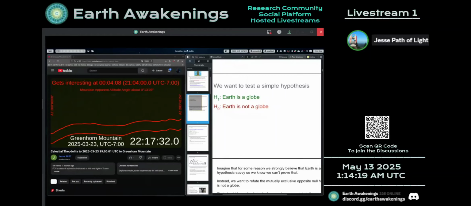Now that we have the formula to predict the celestial theodolite angle based on observer height, mountain height, and distance, it seems very reasonable that we will be able to get as many perfect globe results as we want by just adjusting the distance of the observer.